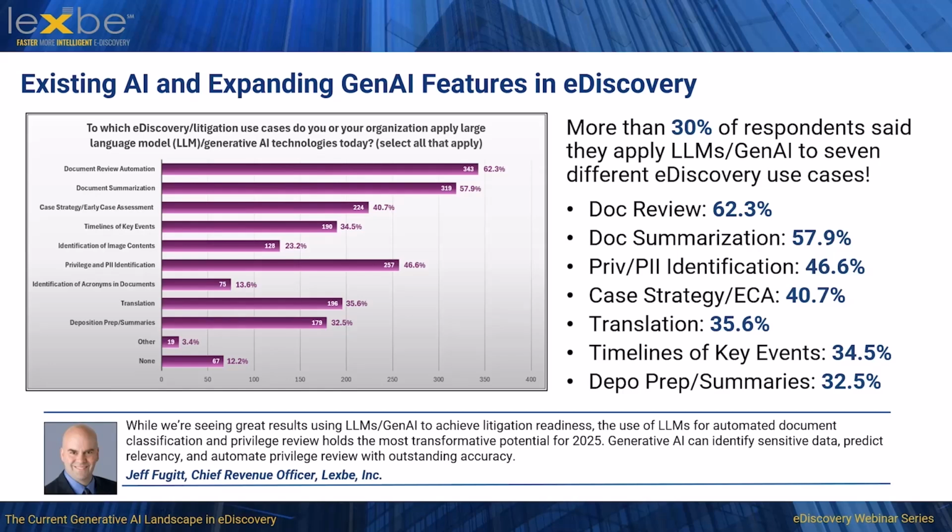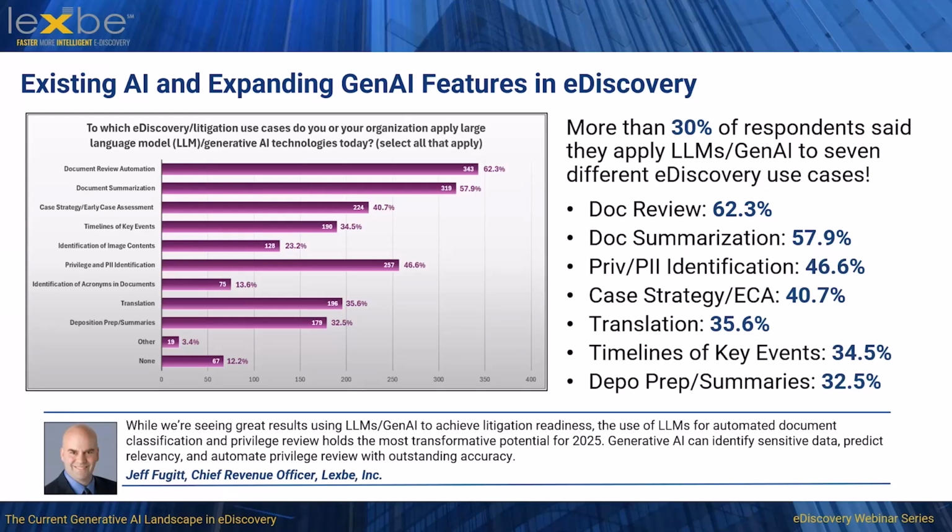This is the result of another new question that we asked in this year's State of the Industry report, where we asked, to which eDiscovery and litigation use cases do you or your organization apply LLM and generative AI technologies today? As you can see here, more than 30% of respondents said they apply LLMs and Gen AI to 7 different eDiscovery use cases.